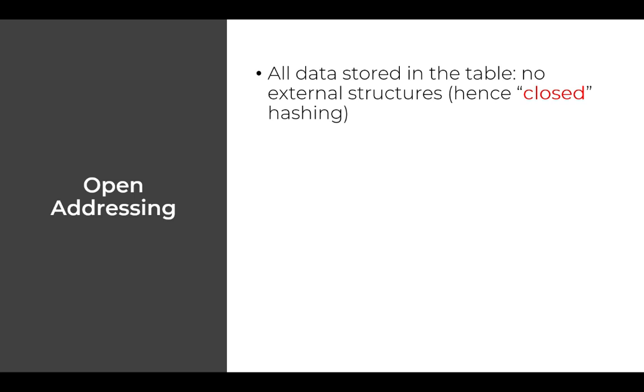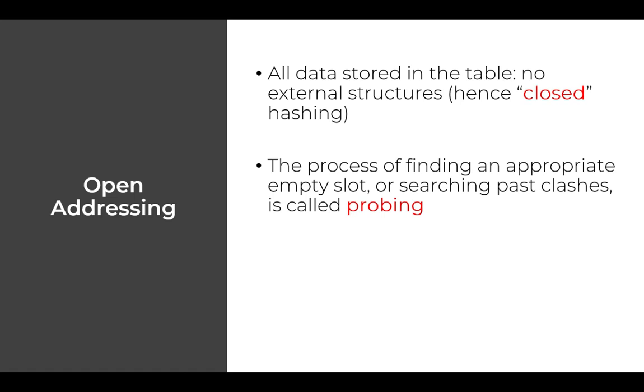The process of finding an appropriate empty slot or searching past clashes is called probing. Probing identifies a sequence of slots for each key. The sequence is a permutation of the slots in the table. When inserting, slots are probed in the order of the sequence until an empty slot is found.